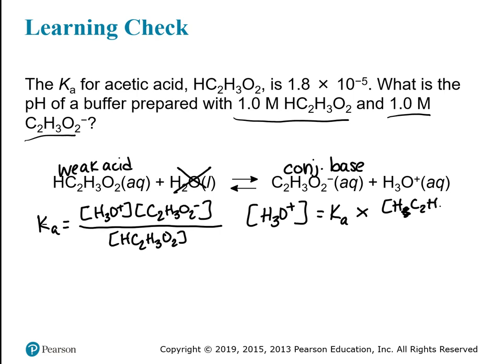Getting a little too excited. Now we were told what the Ka is. It's 1.8 times 10 to the minus 5. And we're told the concentration of our weak acid and conjugate base.